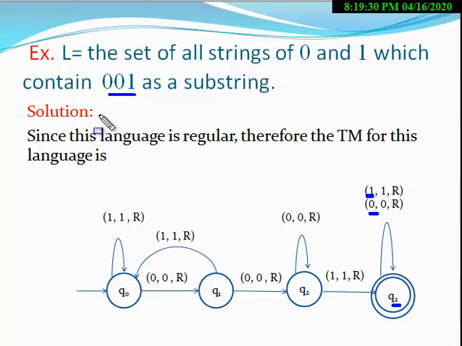Now before 001, there can also be any string of 0 and 1. Therefore you also have to apply a loop before 001. So here we apply the loop of 1. We cannot apply the loop of 0 at this place, because then this machine cannot be a DFA, as there is already a 0 transition here.